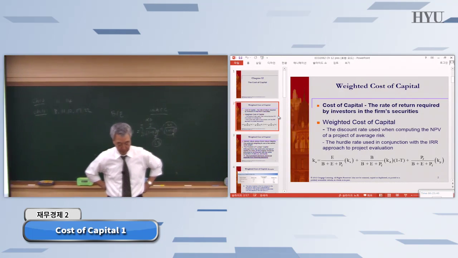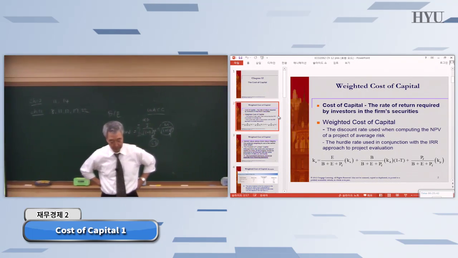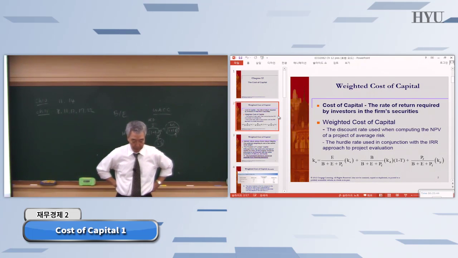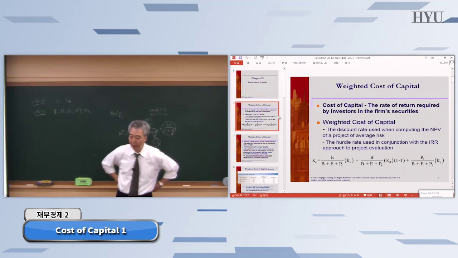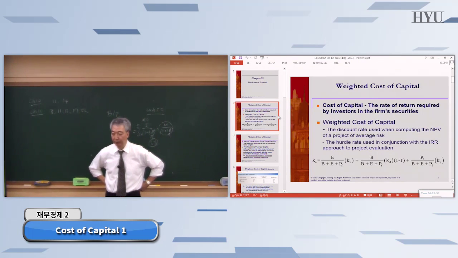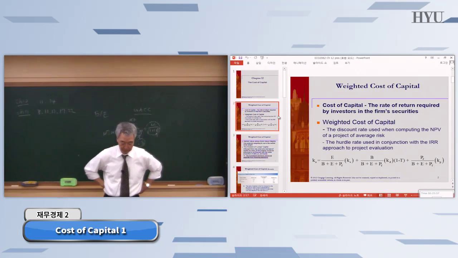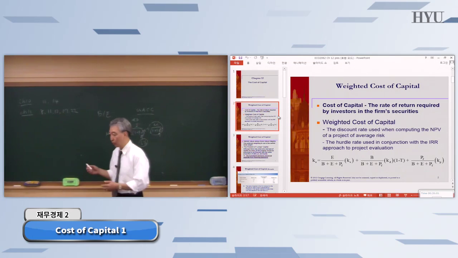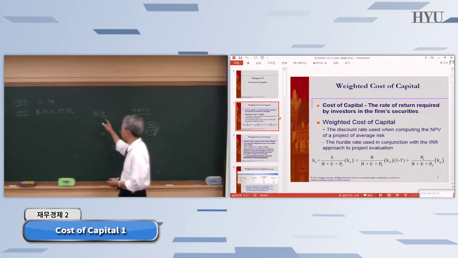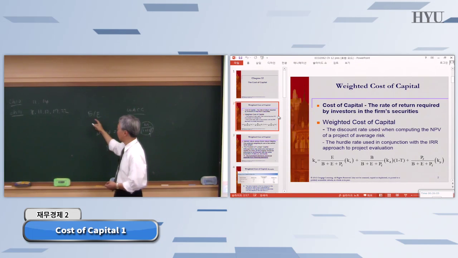B stands for bond, which is debt. E stands for equity, and P stands for preferred stock. Normally, preferred stock is a pretty small component of any company's capital structure, and so many times we simply include the preferred stock into equity, and just calculate the debt-equity ratio.